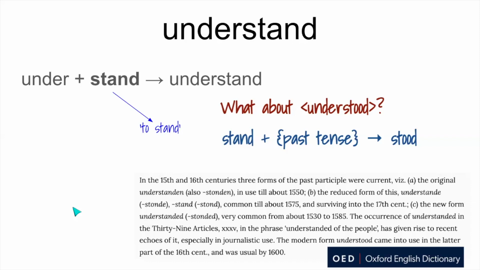I'm actually not sure, and I couldn't find that out. But you'll see here in some of the original spellings that there was some shifting happening with the vowels. So understandin and understanden. So that could account for this shift that we saw later on in the 16th century.